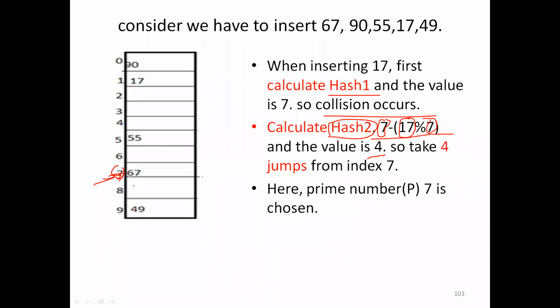It is considered circular. When the hash table ends, it goes again to the beginning of the hash table. So 1, 2, 3, 4. Coming to the 4th slot from the colliding slot, it finds a free slot and inserts 17 into index 1.